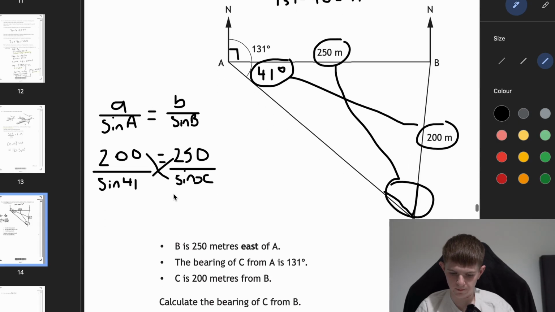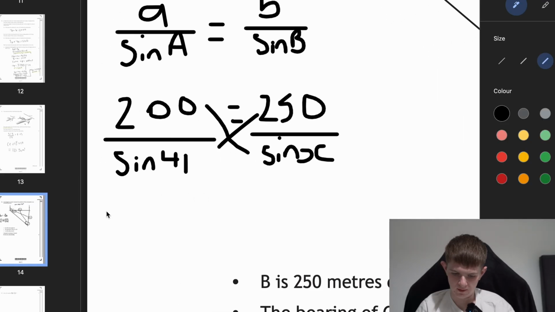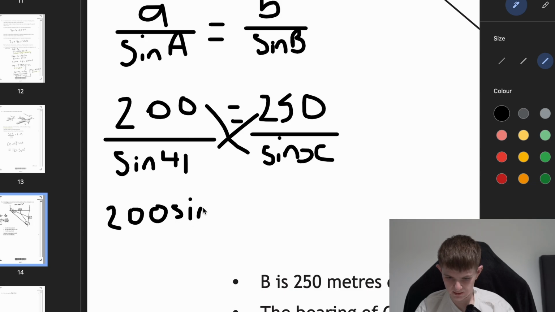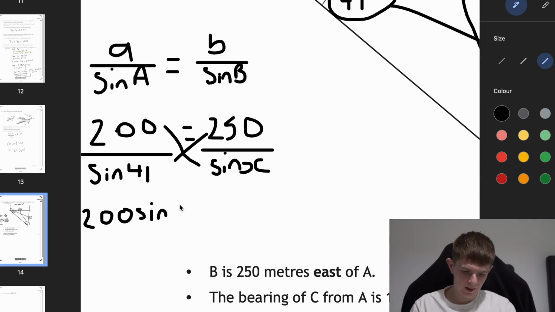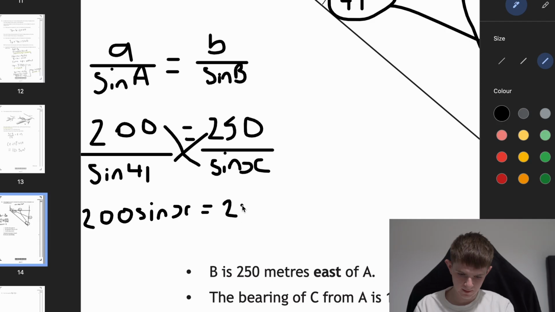I'm going to cross multiply. So we'll have 200 sine x.